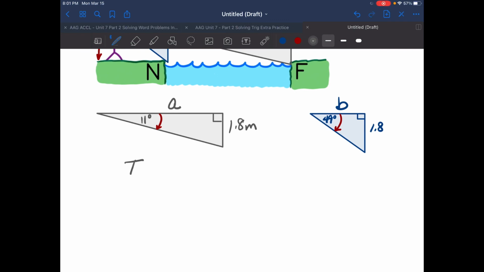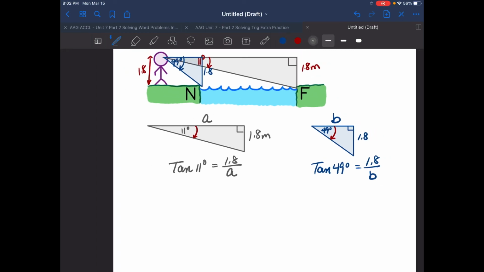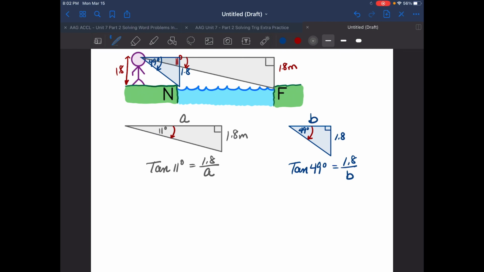So one more time, we have tangent of 11 degrees equals 1.8 over A. On the other hand, we will have tangent of 49 degrees equals 1.8 over B. In both cases, we will have the variable in the denominator, so we are going to divide. Please finish this up and tell me, what is the width of the river?